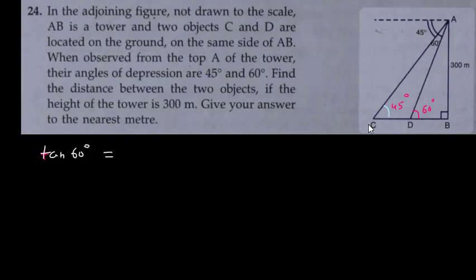AB upon BD. Now what is tan 60? Tan 60 is root 3. So root 3 is equal to AB, which is 300, upon BD, which I don't know. So this gives me BD is equal to 300 upon root 3. So this is one value of BD we got.